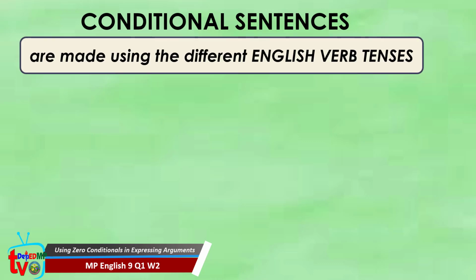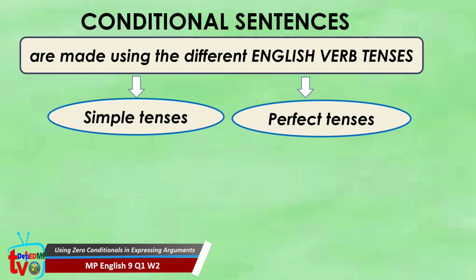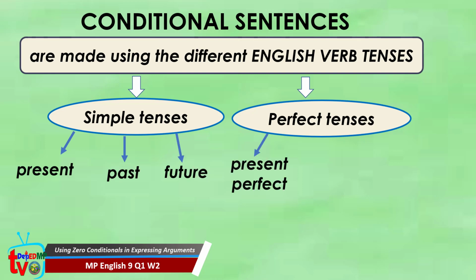A quick review of the tenses will bring us back to simple tenses and perfect tenses. I hope you did not forget these topics about verbs. Now in the simple tenses, we usually have the present, the past, and the future. While in the perfect tenses, we have the present perfect, past perfect, and future perfect.